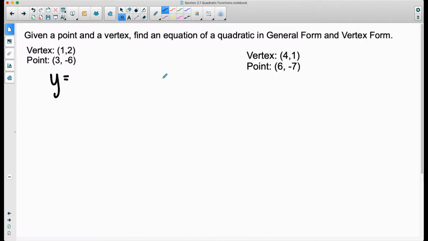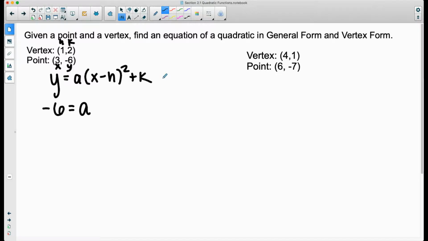So y equals a times x minus h squared plus k. So let's plug in what we know. Our vertex is our h, k, and the point is our x, y. So let's plug that in. Y is -6.